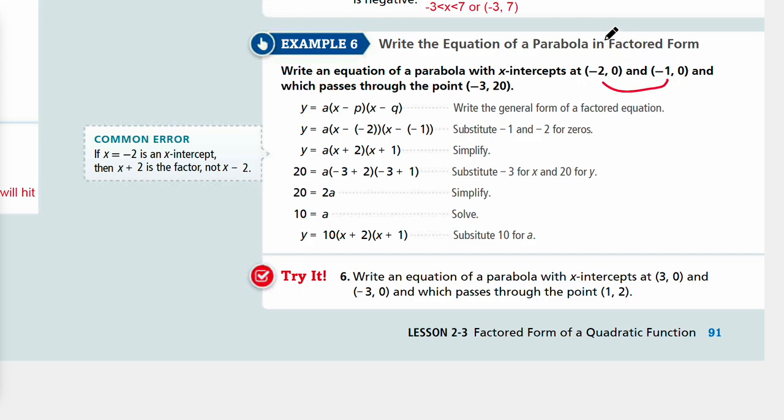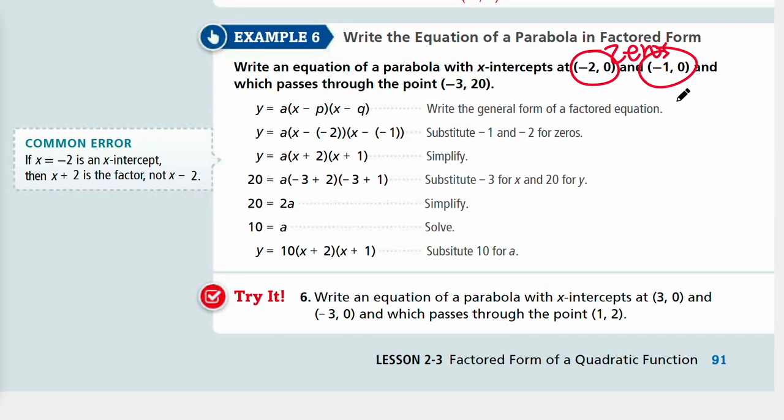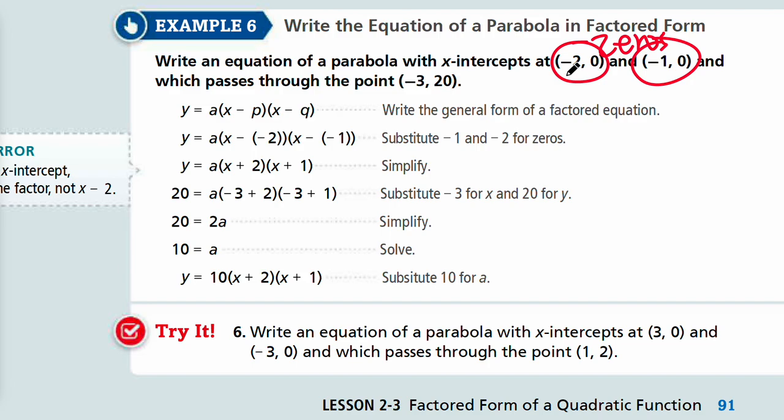So we already know it's going to be factored as a times (x minus p) times (x minus q), where one is going to be -2 and the other is going to be -1.